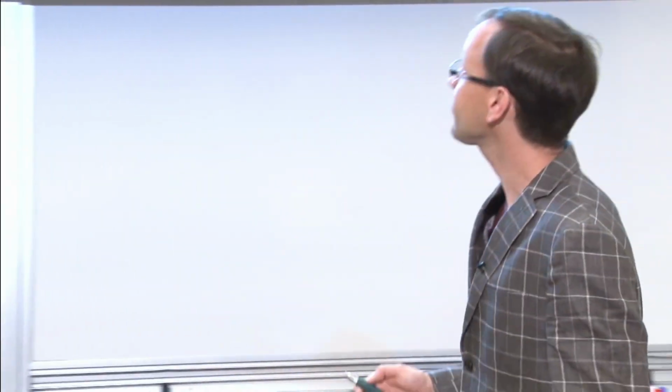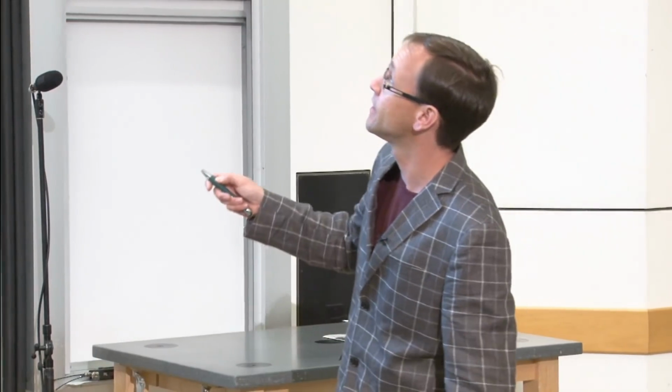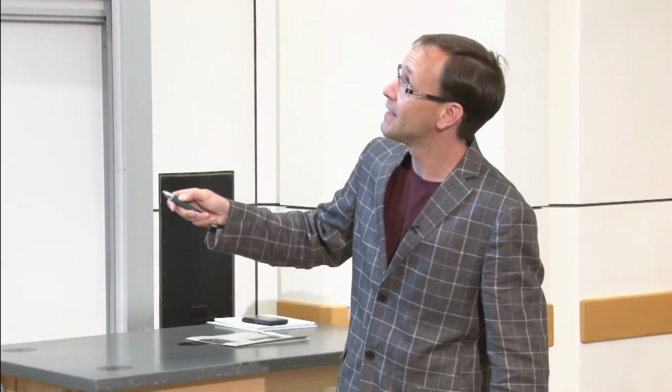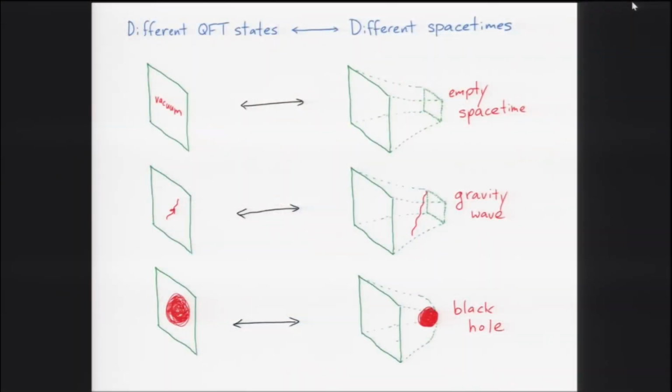So just to give you an idea of how that works, I'm sure you've heard a colloquium on this topic before, but just as a reminder, you've got an ordinary quantum system. Usually it takes the form of a quantum field theory. So you can think of something like electrodynamics, where you have some fields, but now they're quantum mechanical.